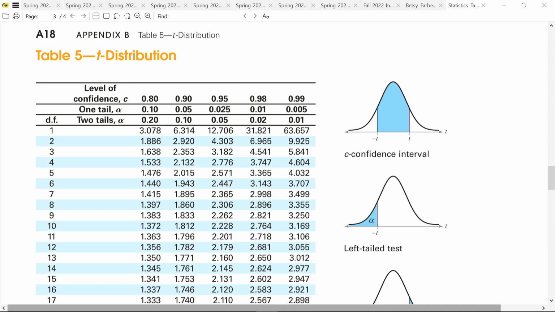So here's our T distribution table. We have a few things we have to look up in here. We call it degrees of freedom. And there are these other values with decimal values that say like 1 tail, 2 tail, and level of confidence.